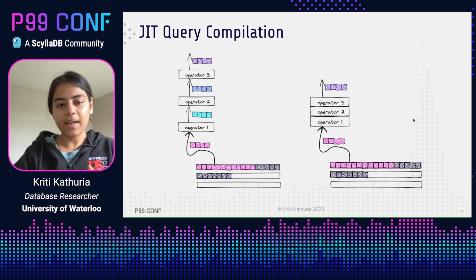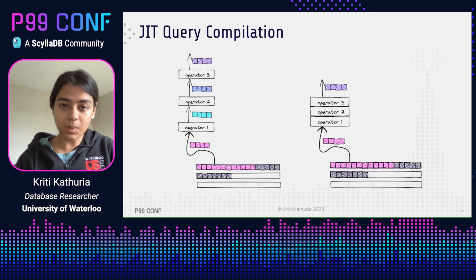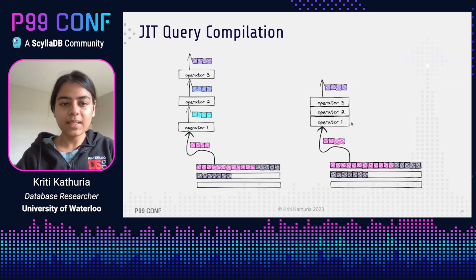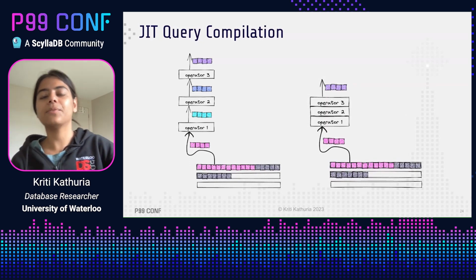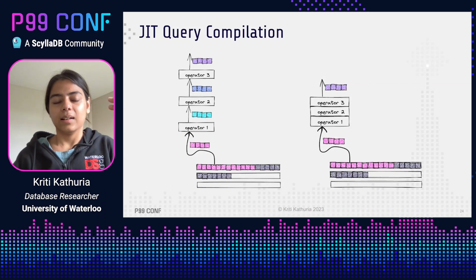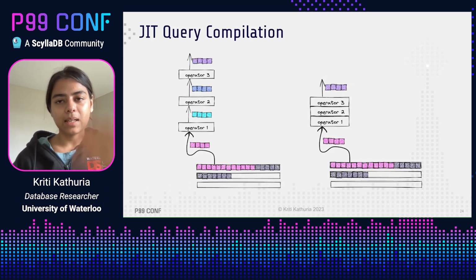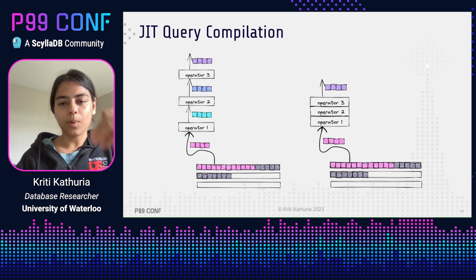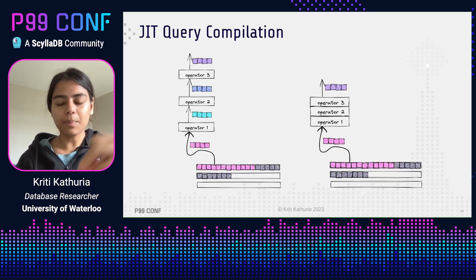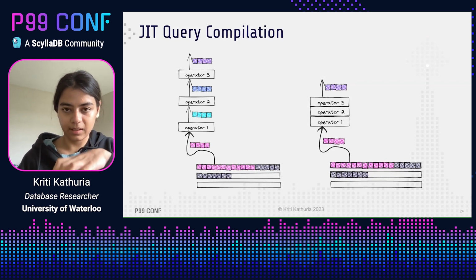So the idea behind JIT query compilation is to blur the boundaries between these three operators. Instead of these three operators being three different functions, it becomes a single function. All the code that is required for a query to run is compiled into a single function.